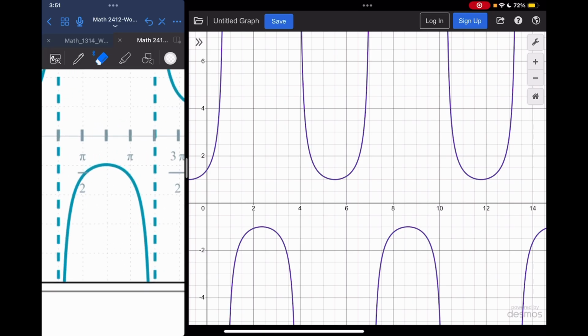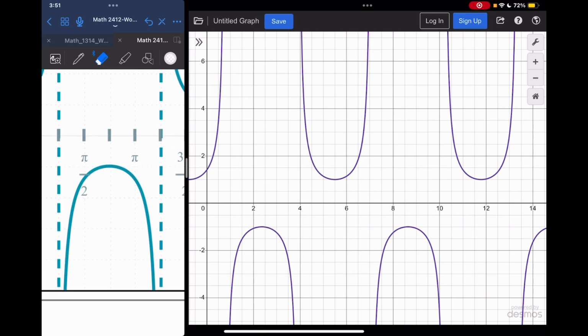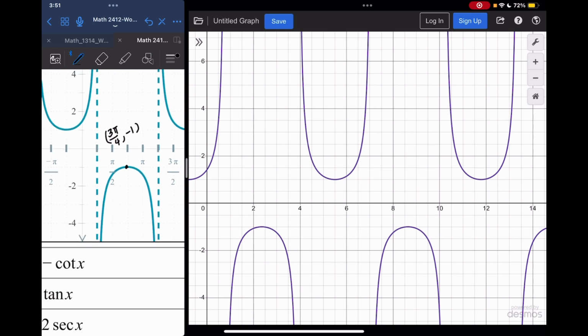So if we look at this right here, this is going to be 3 pi over 4 comma negative 1. Right, because this is the x and this is the y.